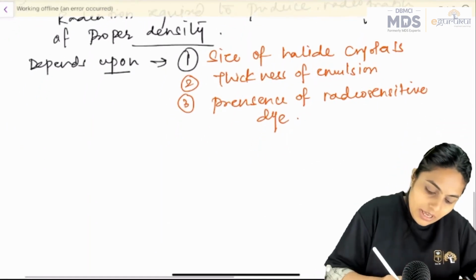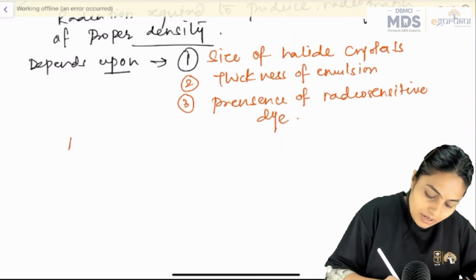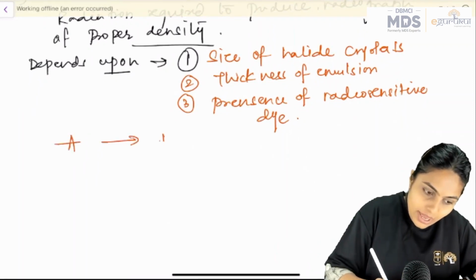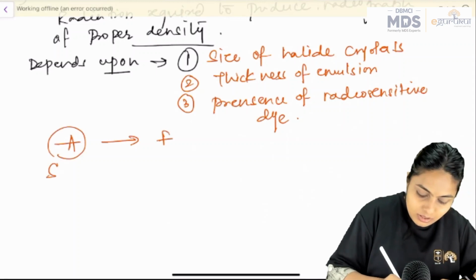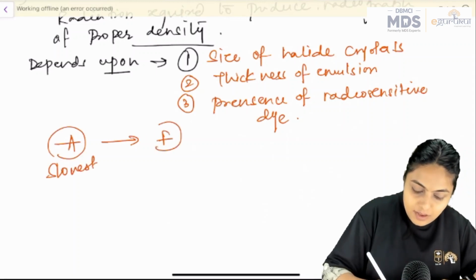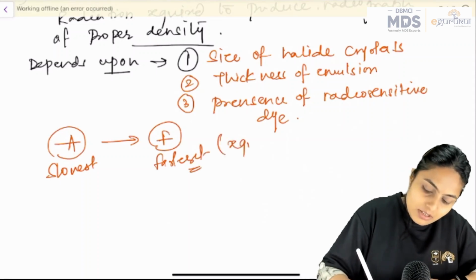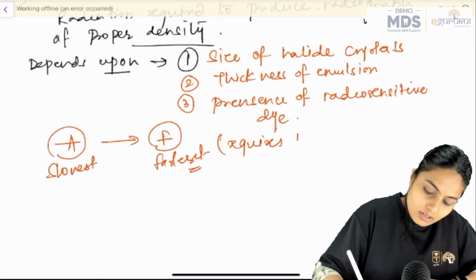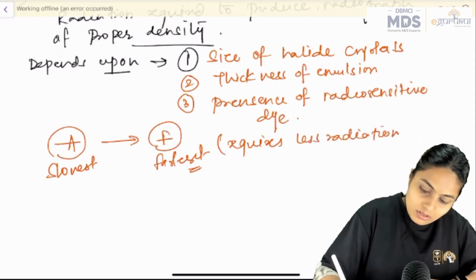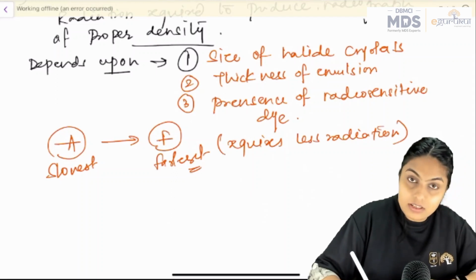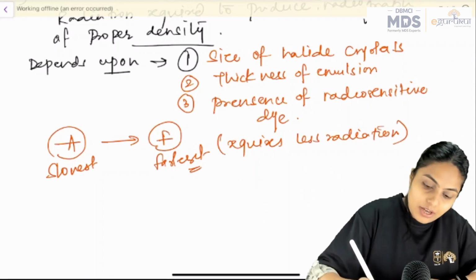Now we have intraoral film speed from A to F, A being slowest, F being fastest. Fastest means it requires less radiation, and it is because halide crystals are larger.